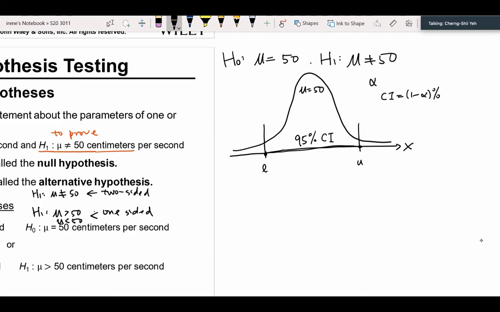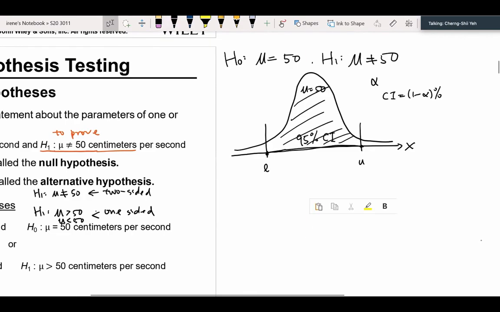And the area under this bell curve is 95% probability, which leaves alpha over 2, 0.025 here, 0.025 here. Now we are going to collect data to validate whether the statement is true or not.